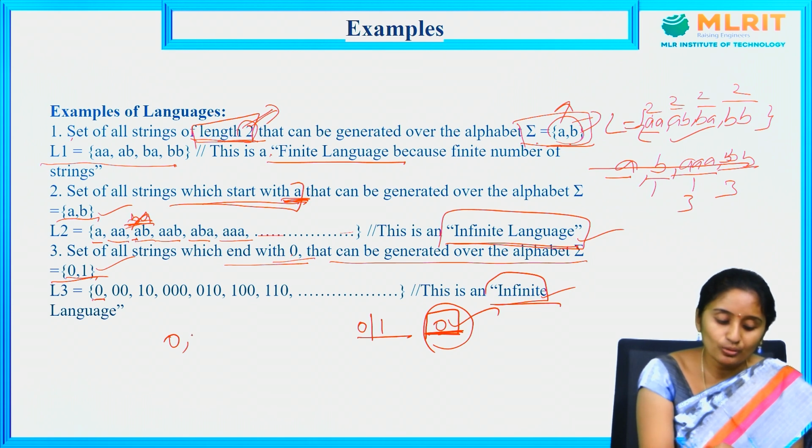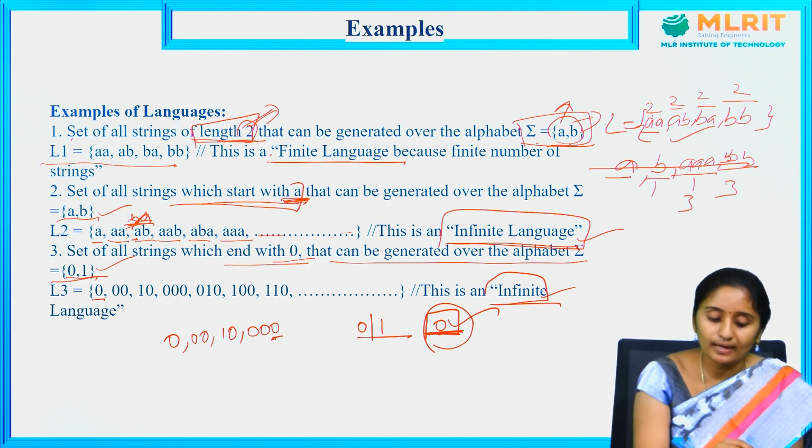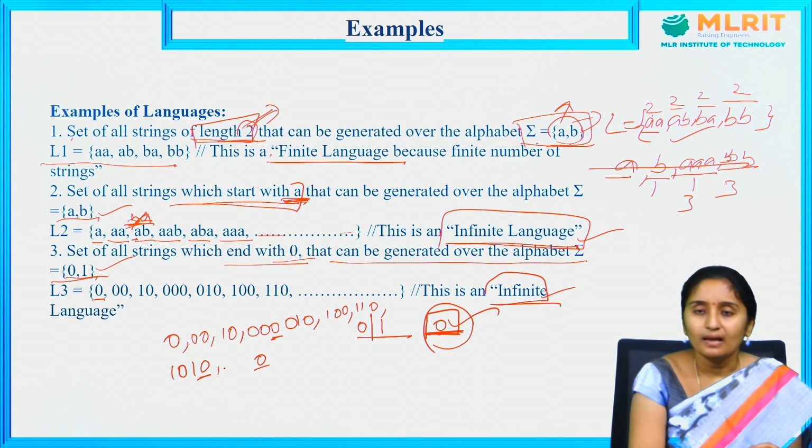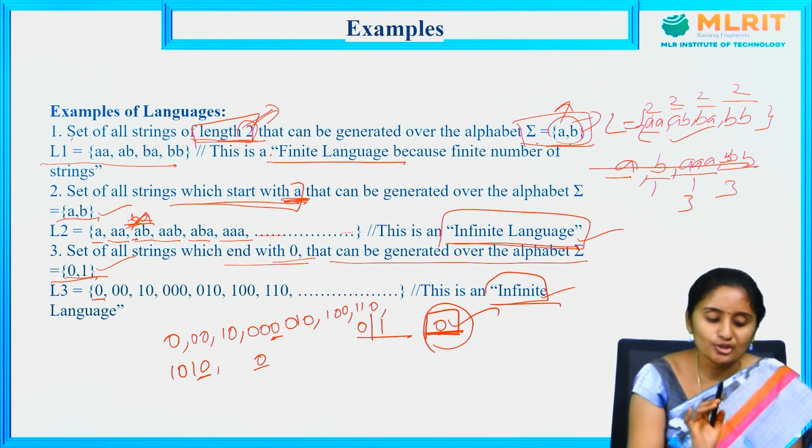The next one is 2-length strings: 0, 0 and also 1, 0. The next is 3-length strings: 0, 0, 0, then 0, 1, 0, and also 1, 0, 0 and 1, 1, 0. And for 4-length strings I can write 1, 0, 1, 0. The last one I am keeping fixed and I can change the starting letters, either 0 or 1 or a combination of 0 and 1.